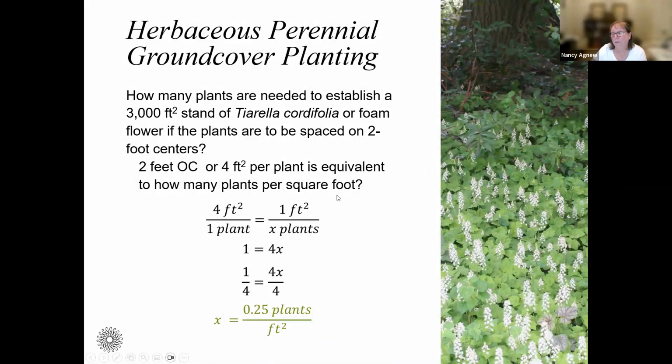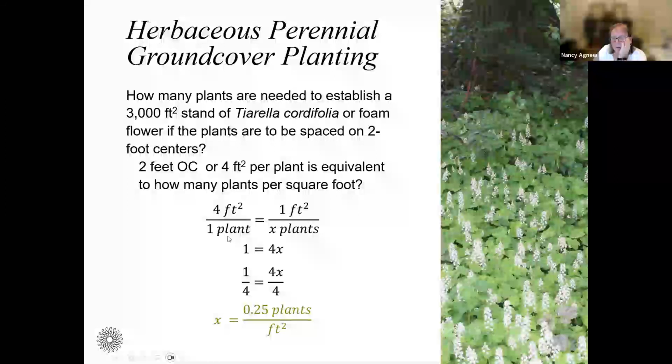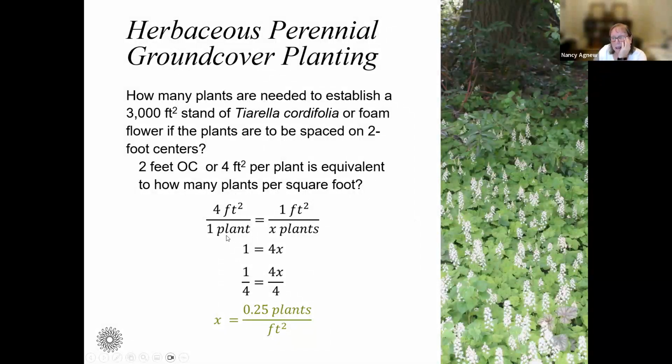So how many plants per square foot would that be? I'm just showing you the math. You could go back to the table, but for 2 foot on center, it's 4 square feet for every 1 plant. And I want to know how many plants in every single square foot. So again, 4 is to 1 as 1 is to x.